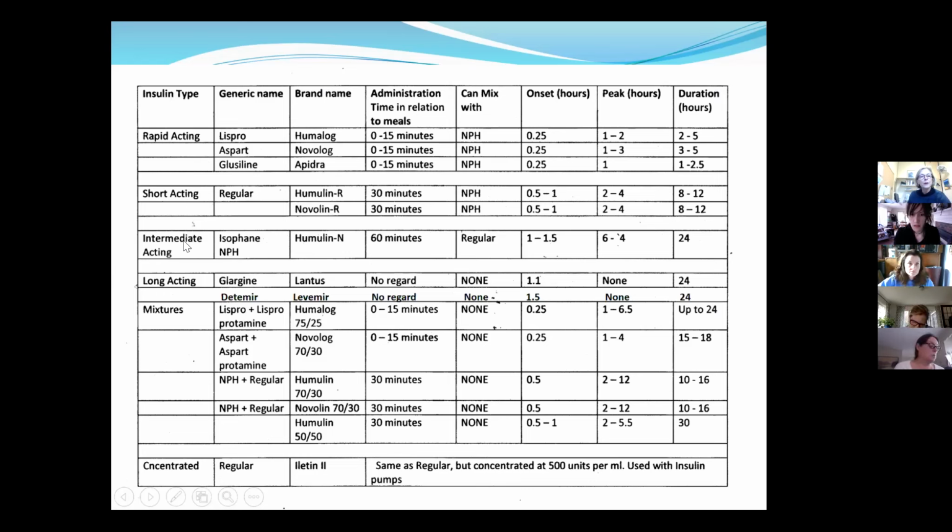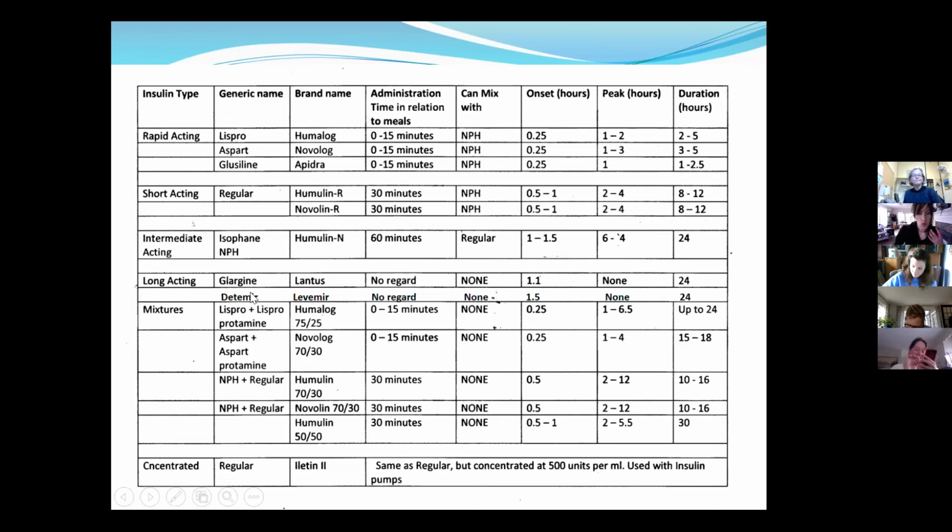This NPH is our intermediate, and then we've got our long-acting glargine, also known as Lantus, and there are a couple of other long-actings as well. There is what's called Levemir. If you know glargine and Lantus, you'll be in good shape in terms of the insulins most typically used in this area and what you need to know in terms of testing.